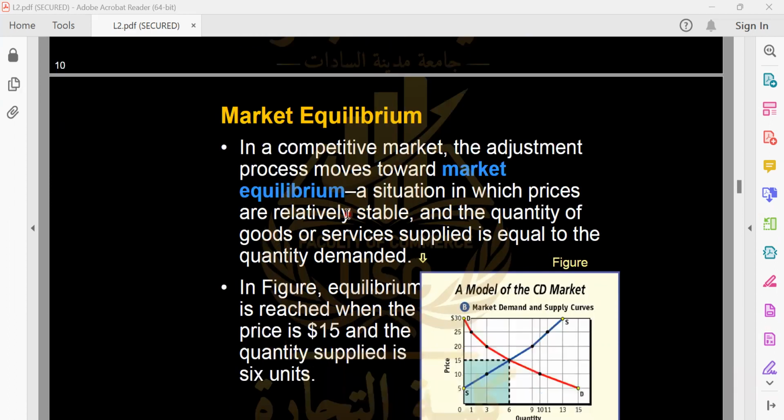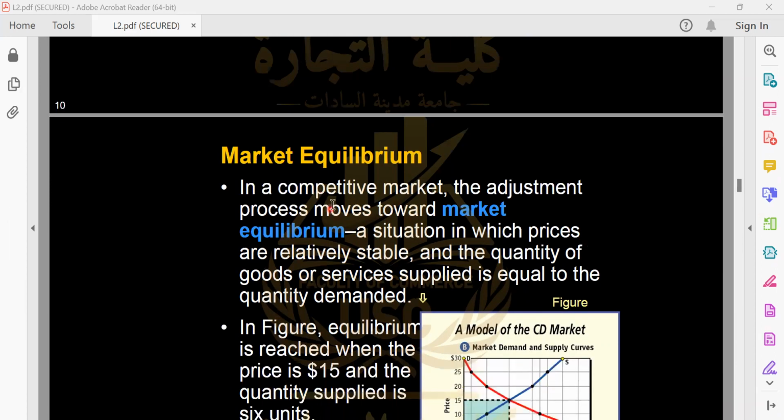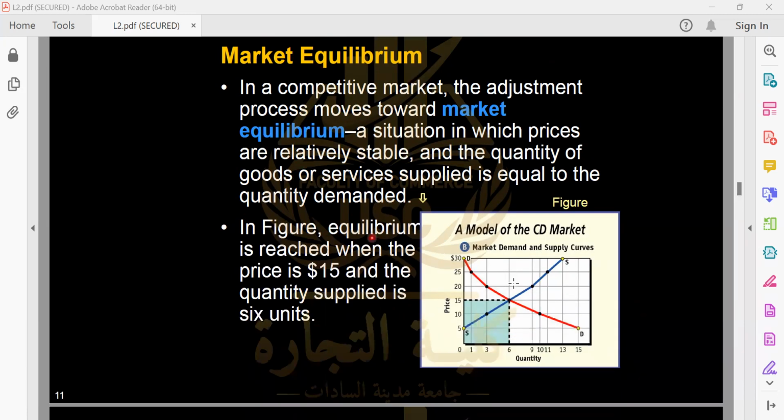So when we have quantity demanded equal to quantity supplied, we have economic equilibrium or market equilibrium. In market equilibrium, we have quantity demanded equal to quantity supplied at a specific price that is 15.